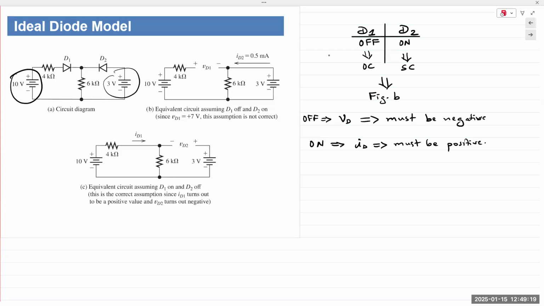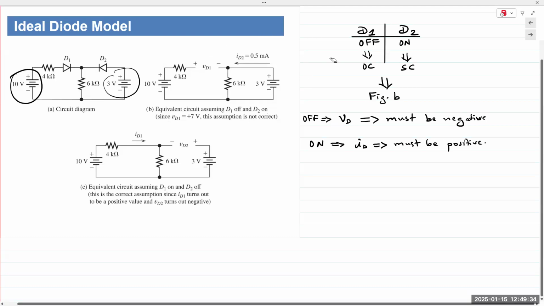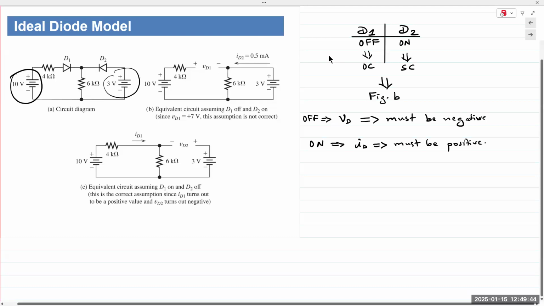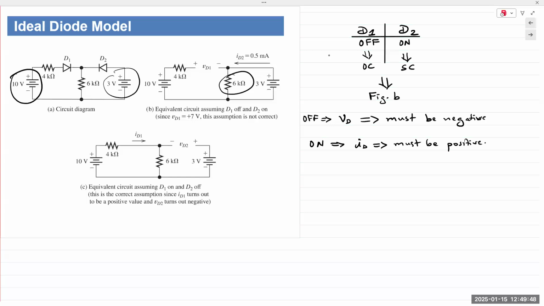Anyway, so we make the replacements and we redraw the circuit. The resulting circuit is shown in figure B, which is right here. D1 off, D2 on. We analyze the circuit. It's a simple circuit because this is open, so there's no current flowing in the left half of the circuit. In the right half, 3 volts is applied to 6 kilo ohms.